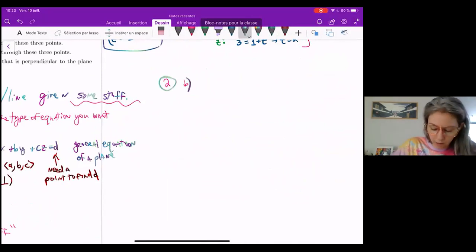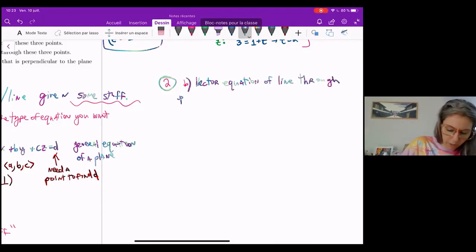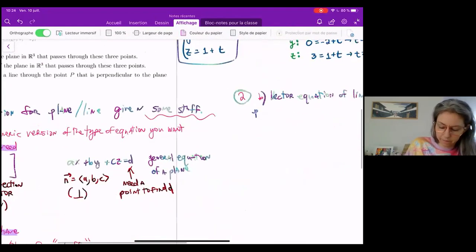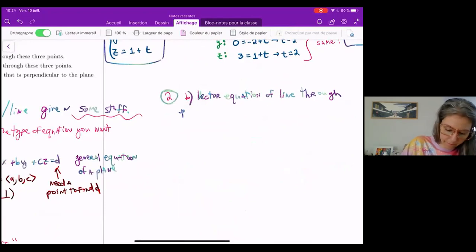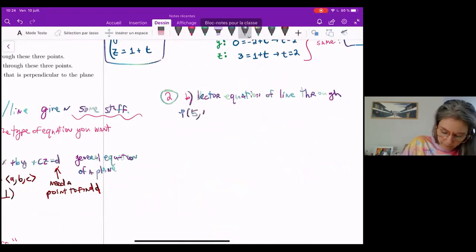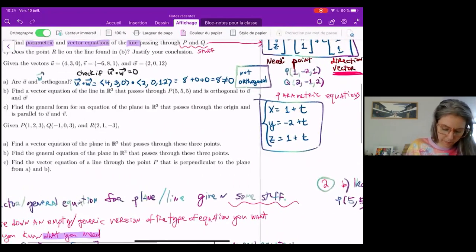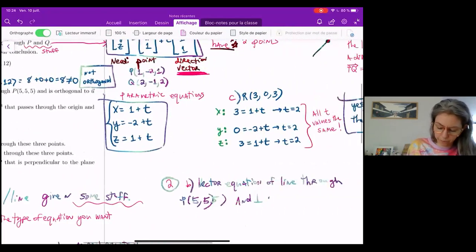So what I want here is a vector equation of a line through the point, just to remind ourselves so we don't have to keep going backwards, 5, 5, 5, and perpendicular to U and W.